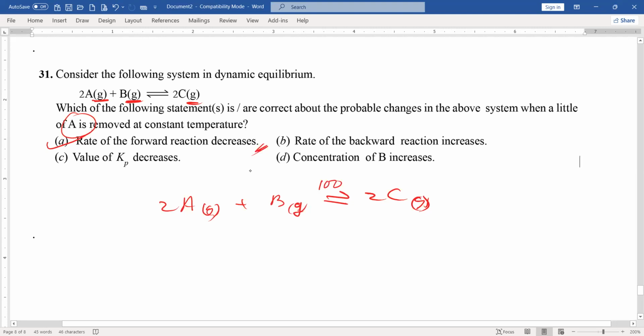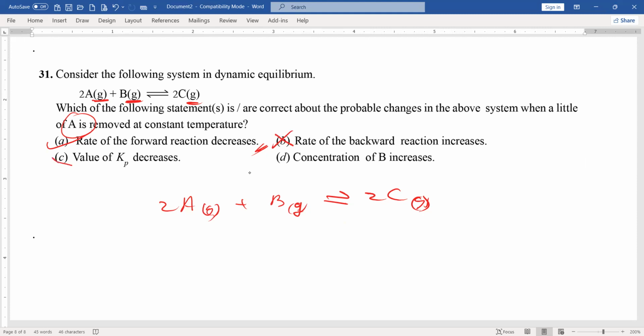Because of the removal of A, if the forward rate becomes 80, the reverse may still be 100. Once we remove A, the reverse rate will slowly decrease to 80 and become equilibrium. That's what happens when you remove that. B is wrong.